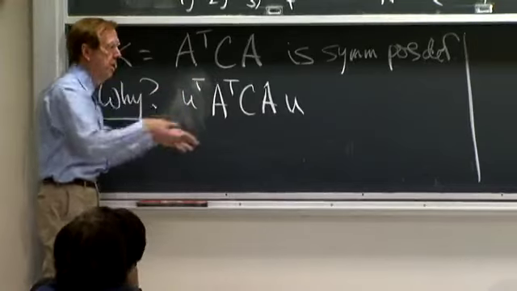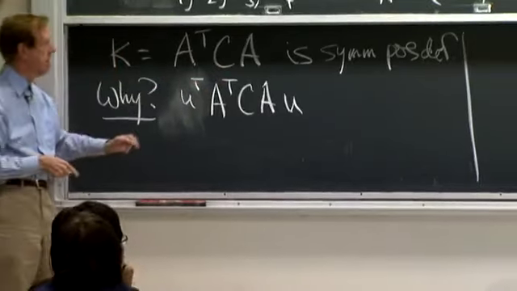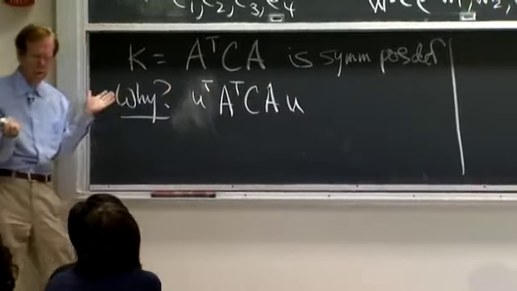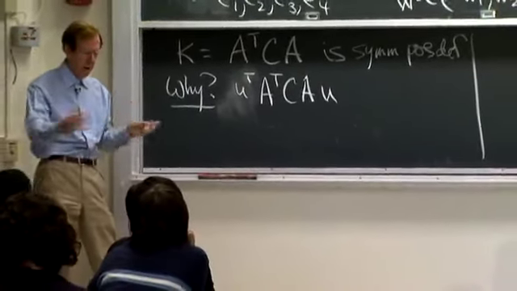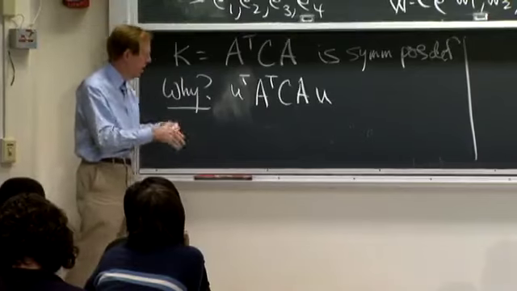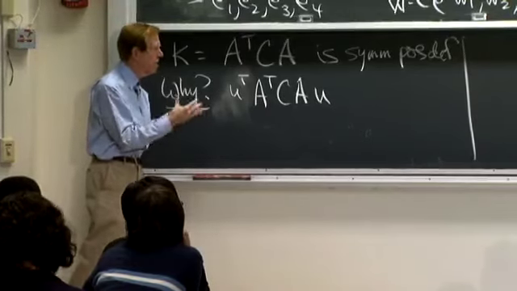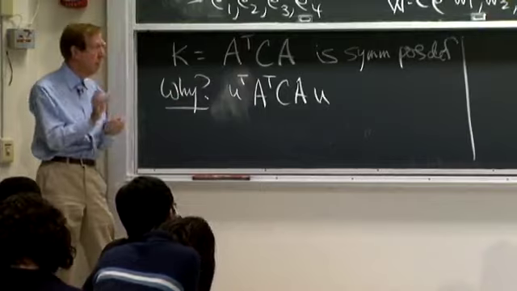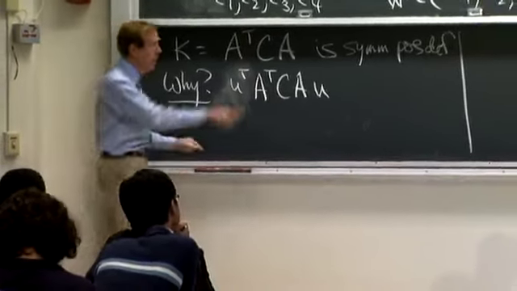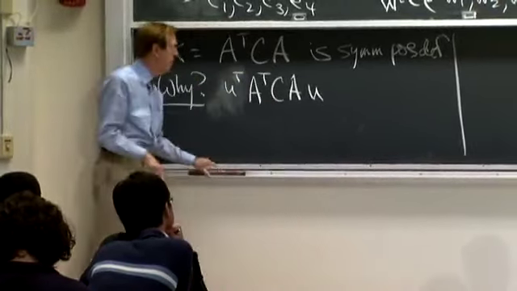This combination will involve all 4 of these C's. It'll involve 3 U's. I don't want to write out that quantity. I'll have some U1 squareds and some U1, U2. I won't have any U1, U3 because that 1, 3 entry is 0.